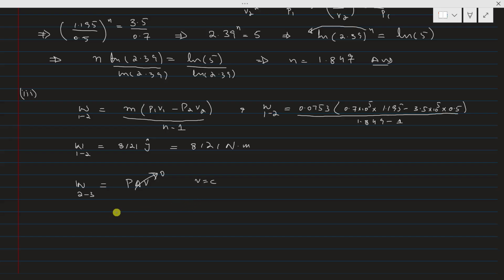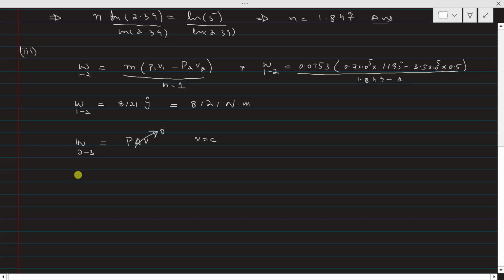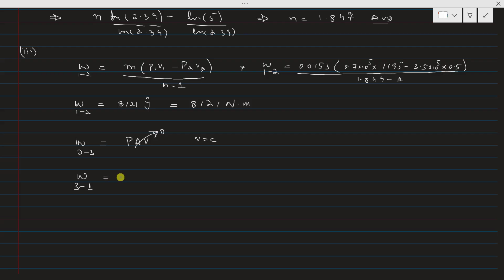Now from process 3 to 1, it follows the law PV^2 equals constant. The same formula will be used, just the n value will change, along with the corresponding P1 V1 and P3 V3 values. So here I can say W equals m times (P1 V1 minus P3 V3) divided by (n minus 1).